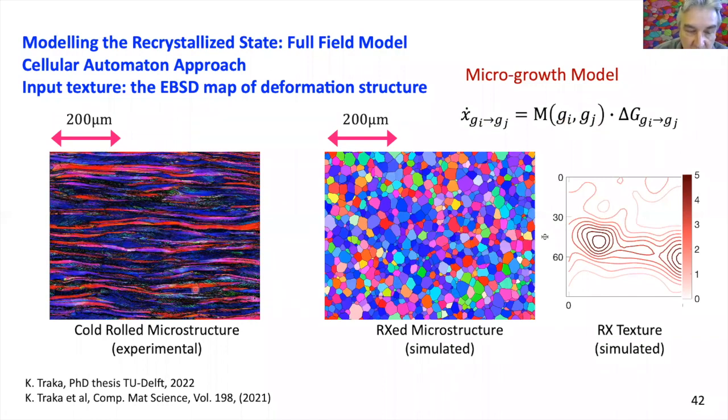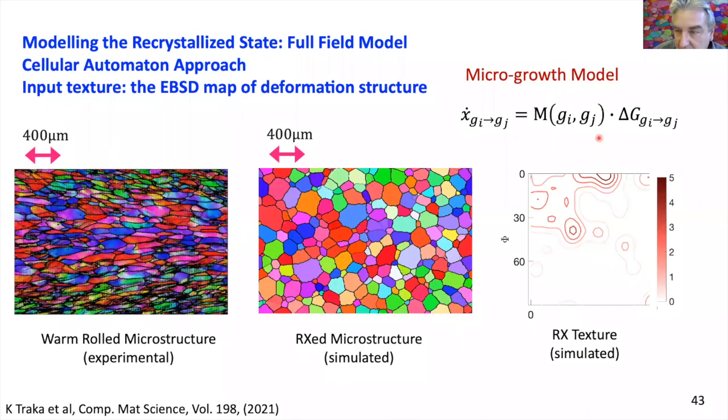So this is a cold roll deformed microstructure, and you can see that she very neatly reproduces the gamma fiber texture, as you would expect after cold rolling and recrystallization of low carbon steel. She didn't change anything about the growth law. The only thing that has changed is the input structure.